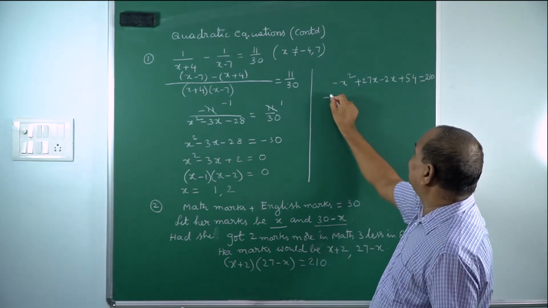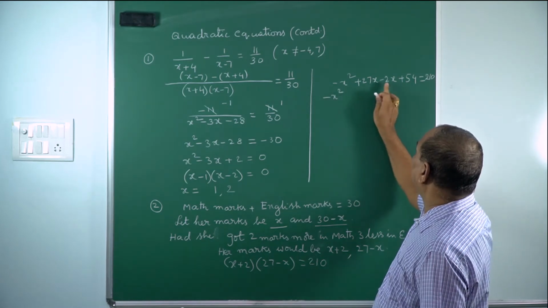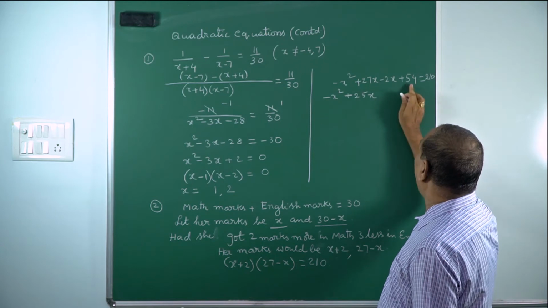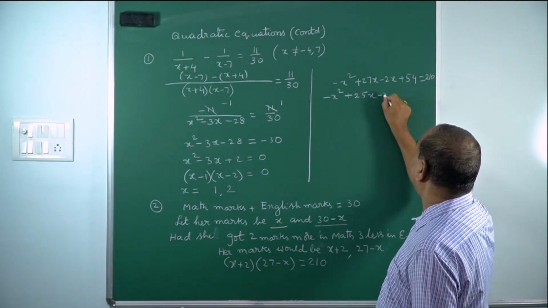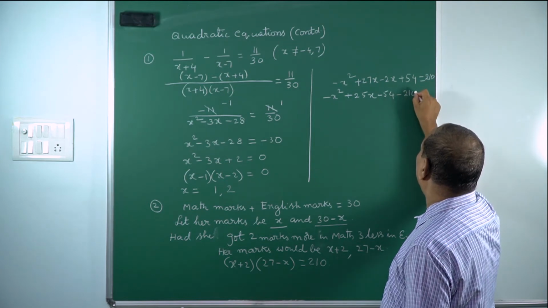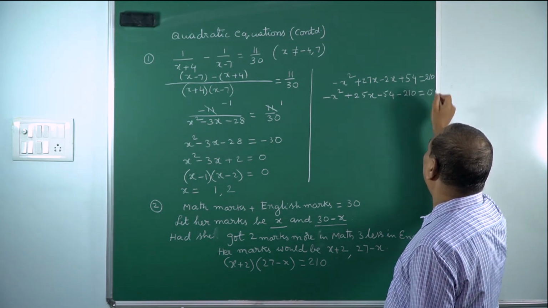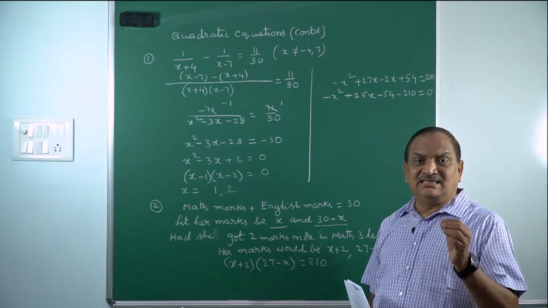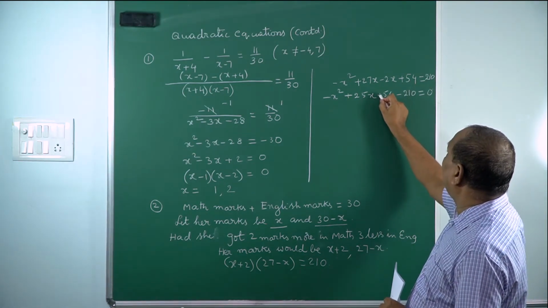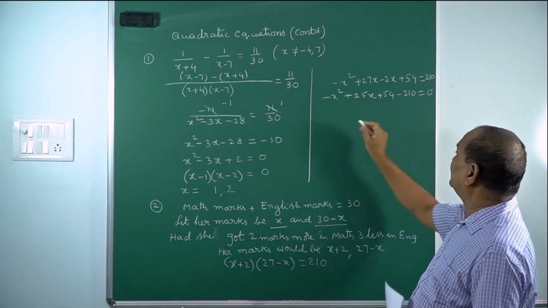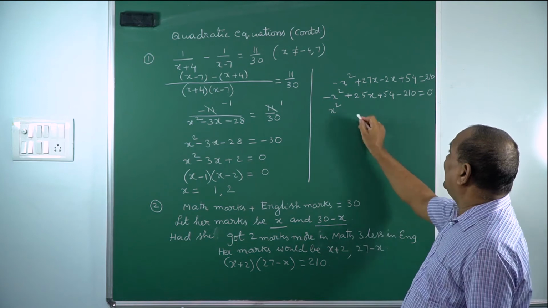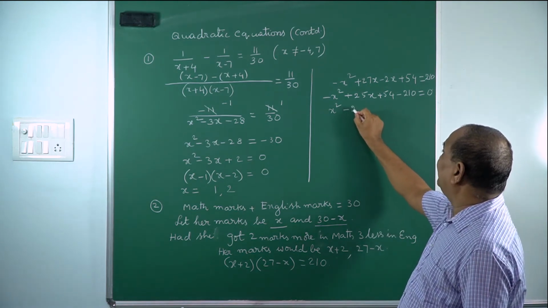Now minus X square, 27 minus 2 is 25X, and plus 54 minus 210 is equal to 0. Let us change the signs throughout. This will be plus X square, and this will be minus 25X.